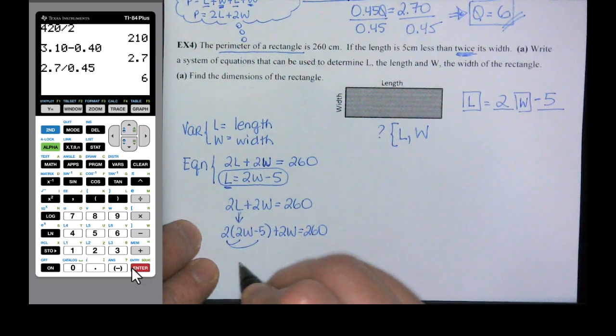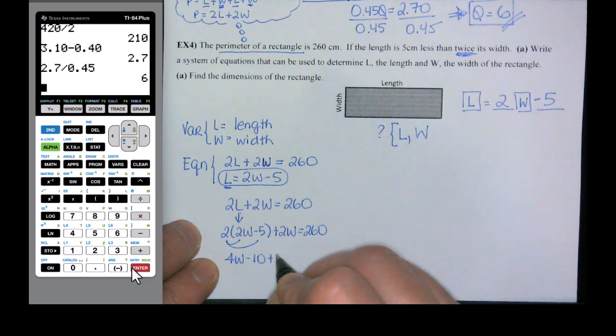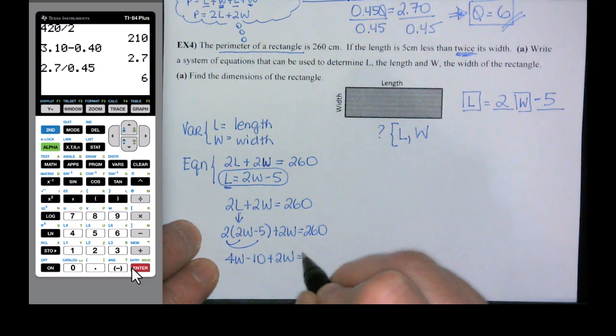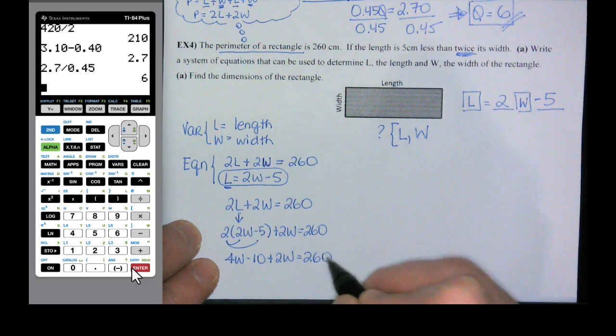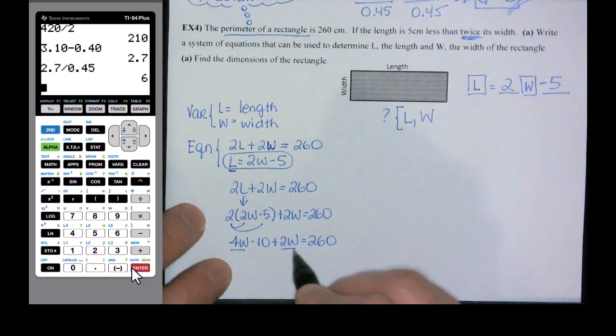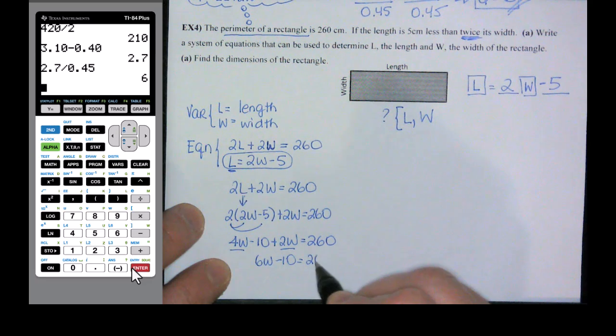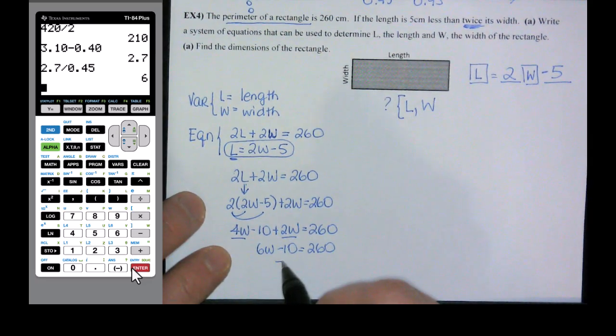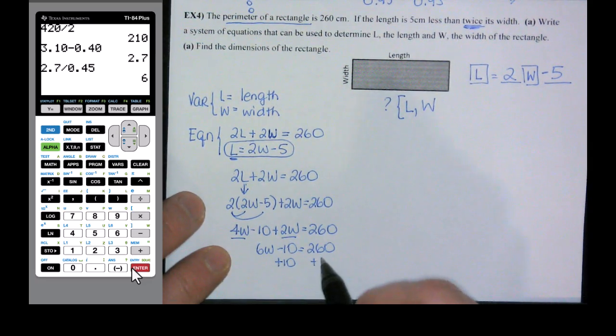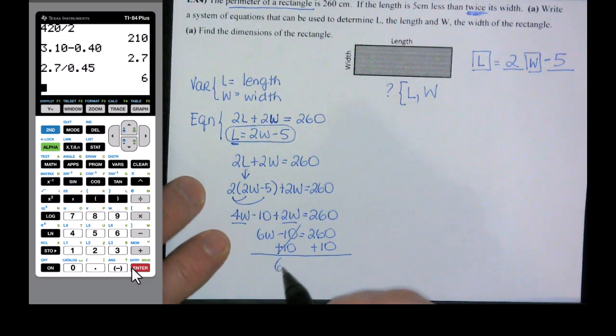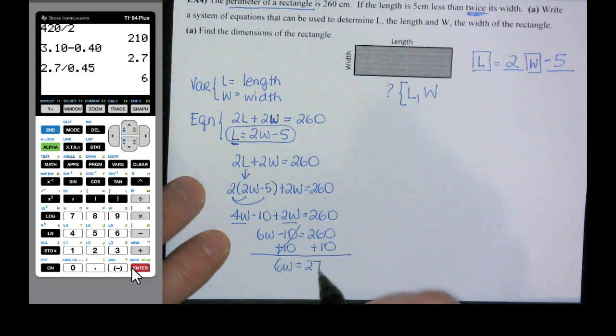Now I multiply, so this would be 4W minus 10 plus 2W equals 260. Now combine like terms, we get 6W minus 10 equals 260. We add 10 to both sides, so 10 goes away. 6W equals 270.